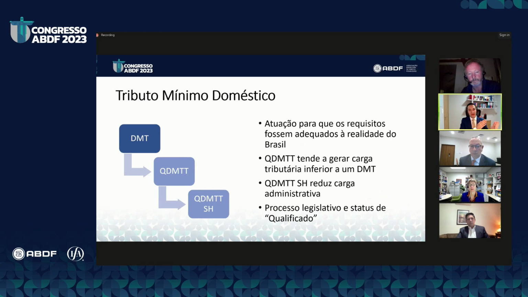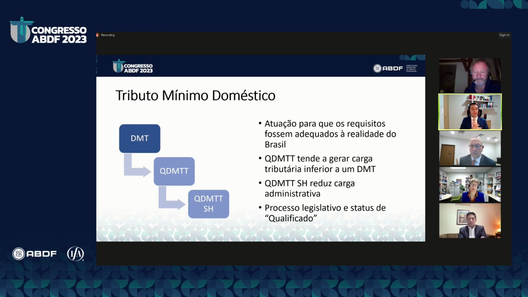Então, o guidance que saiu recentemente, né, conforme vocês já citaram, possui mais orientações sobre o QDMTT e traz as características de um QDMTT safe harbor. Nesse sentido, a Receita Federal e o Brasil, de uma forma geral, atuou no WP11 e aqui eu preciso reconhecer o esforço do secretariado, na pessoa do John e dos demais delegados das outras jurisdições.